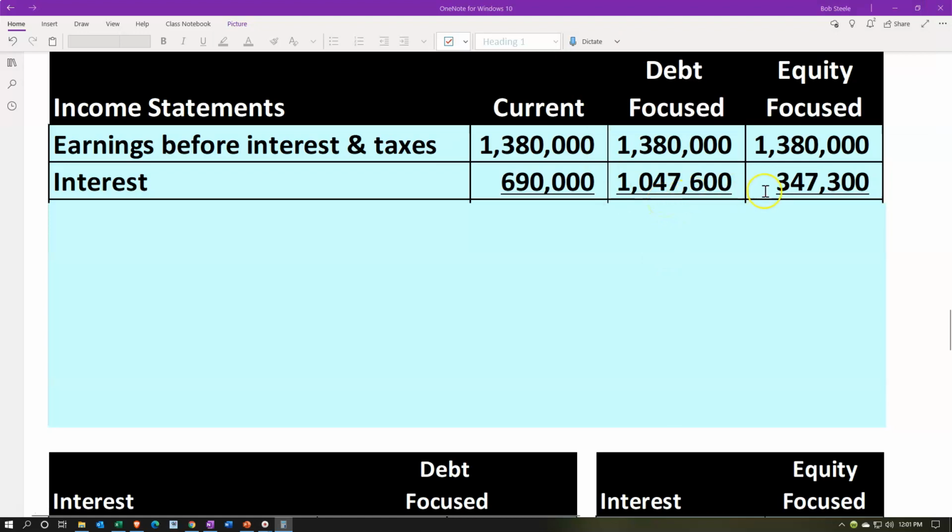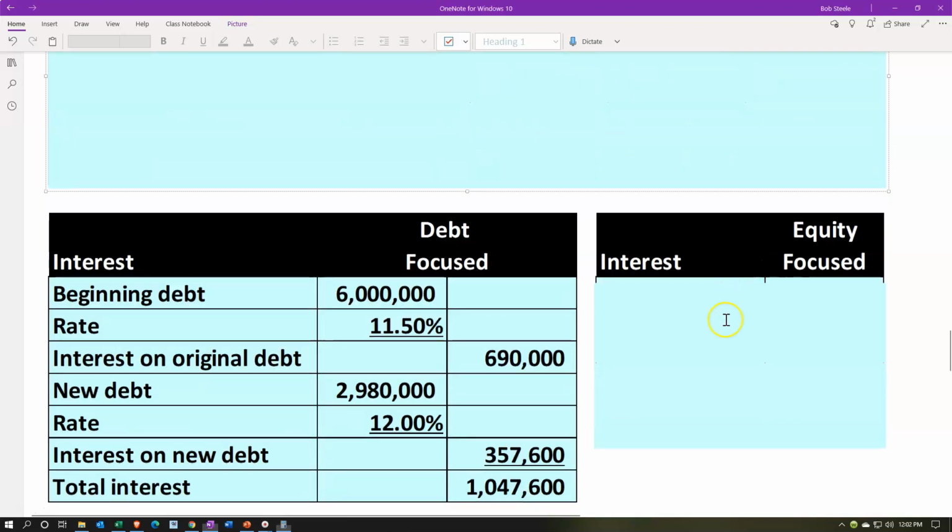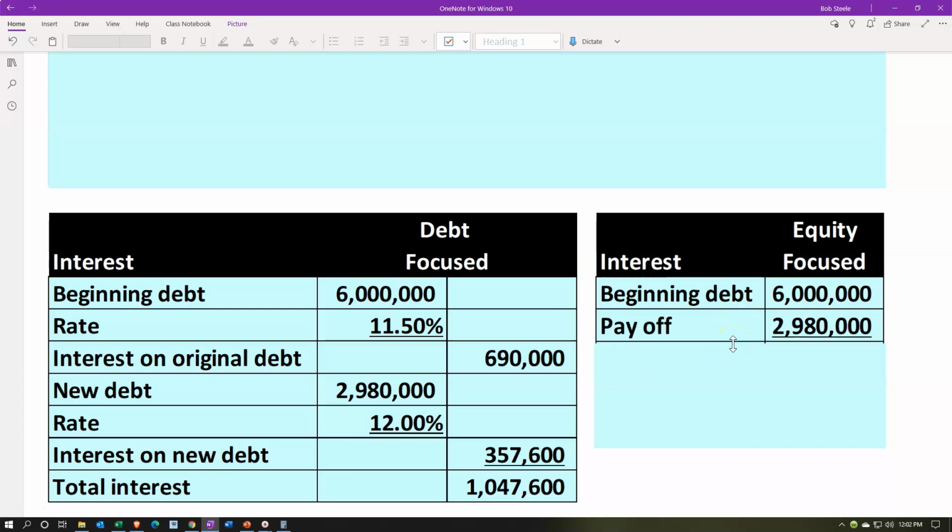There we have that. Now the equity plan is going to reduce the interest because we're going to issue equity, take that money, and pay off the debt. Now, there could be rounding involved in this one, so be careful here. The beginning debt is going to be the 6 million. We're going to pay off 2,980,000. Notice that number is slightly rounded. How did we get that number?